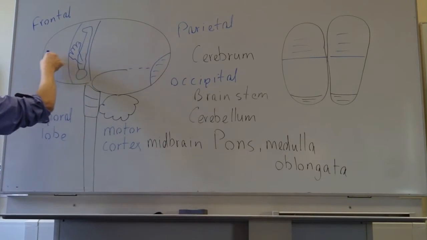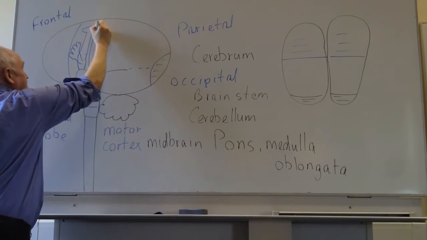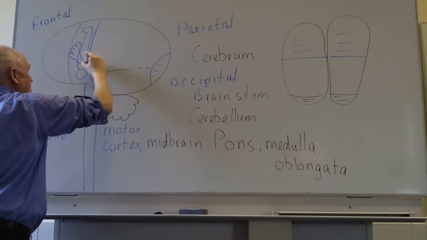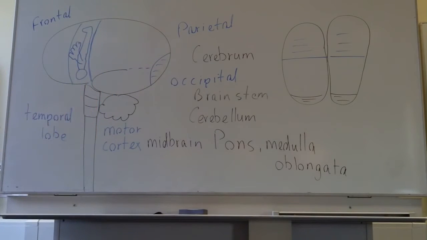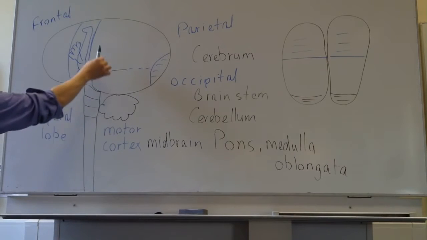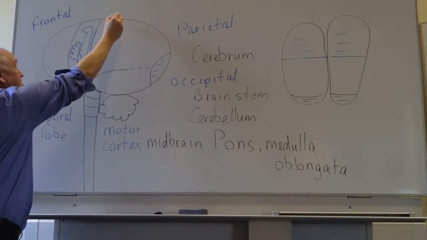So the motor cortex is part of the frontal lobe. That's the division there between the frontal and the parietal. Now behind this, in the front of the parietal lobe, there's another strip just there.